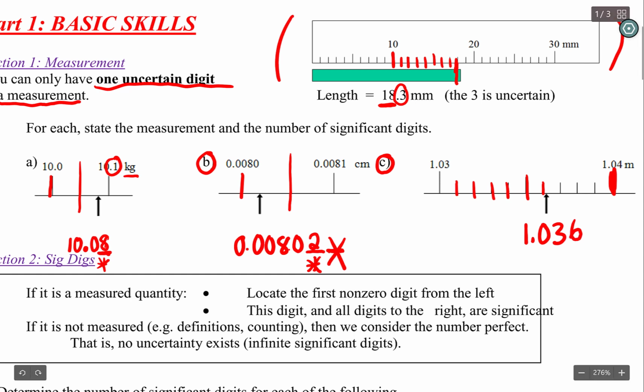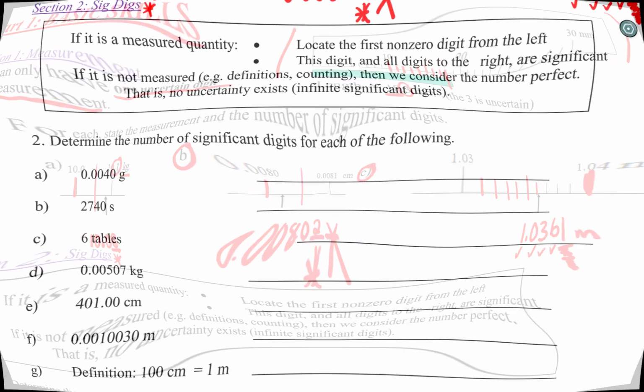So I know that this is 1.036 for sure, but then maybe it's 1.0361. Maybe you pick 2. I don't know, but that's my level of uncertainty. I know for sure it's 1.03, for sure 6, it's not 7. This number I just don't quite understand, and so it's an educated guess, and that's my level of uncertainty.